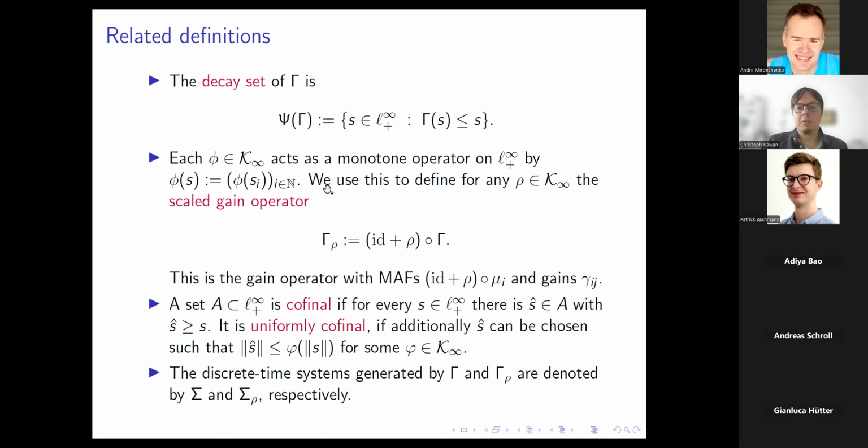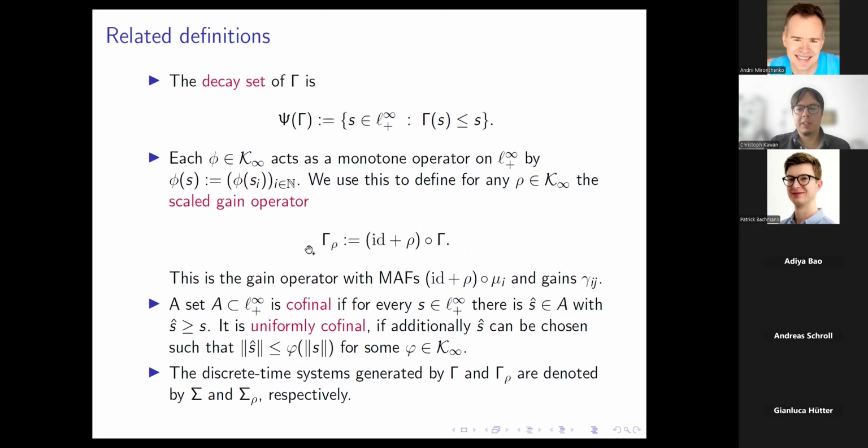And we are using this type of operator to define a scaled gain operator. For any k-infinity function rho, we define the scaled gain operator gamma rho, which is the following. It's taking the identity function on R plus this k-infinity function. So this sum will again be a k-infinity function.